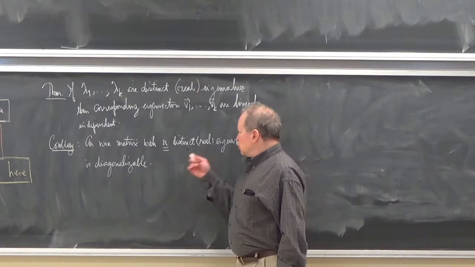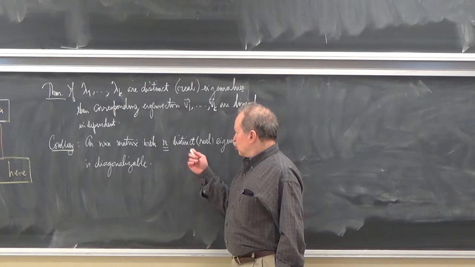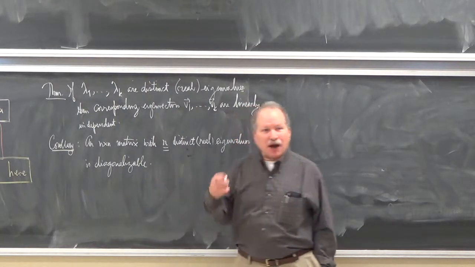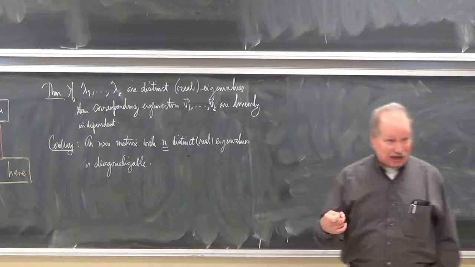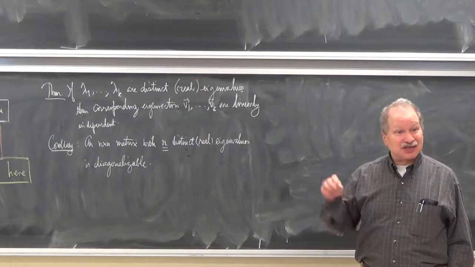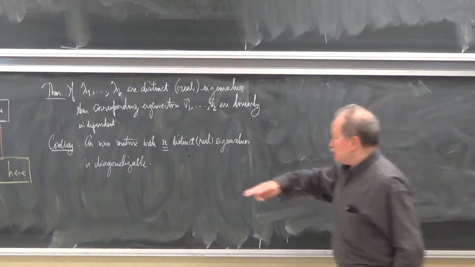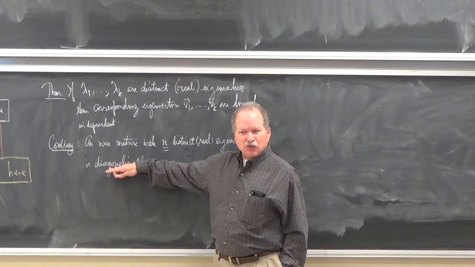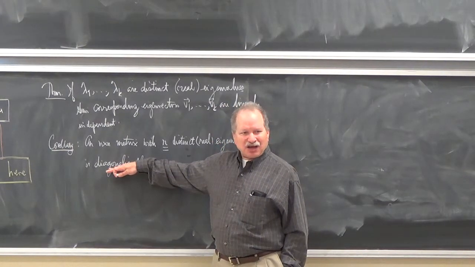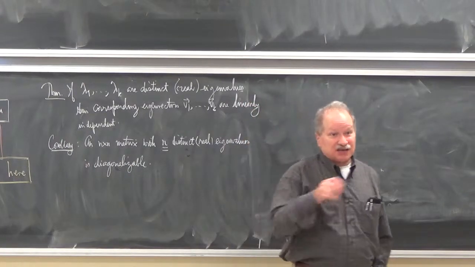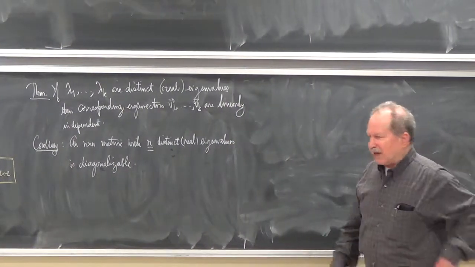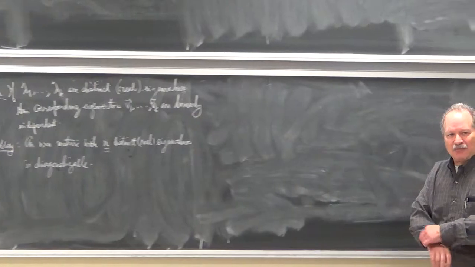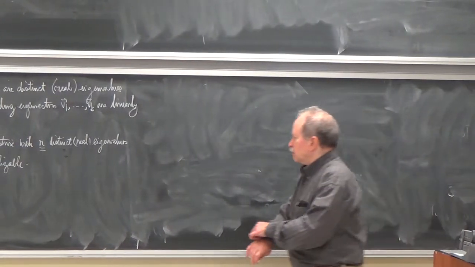Then you would have to allow yourself complex eigenvalues and complex eigenvectors, and that's not what we normally mean when we're talking about diagonalizable with a basis for R^n. I'm not talking about stuff with complex entries at this point. That really belongs in a second course, but I'm going to do a little bit on that probably next week.